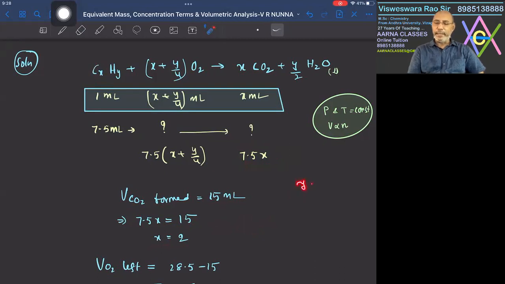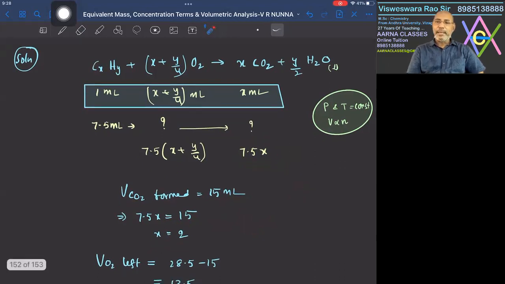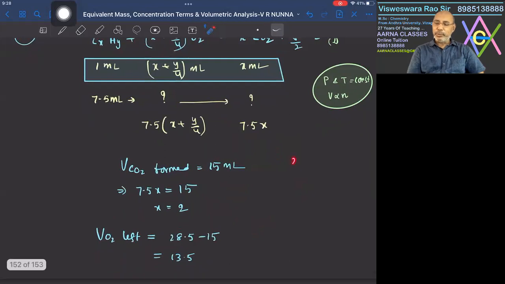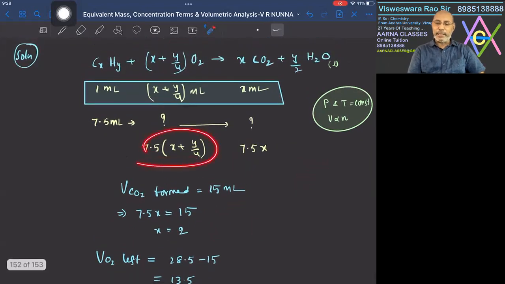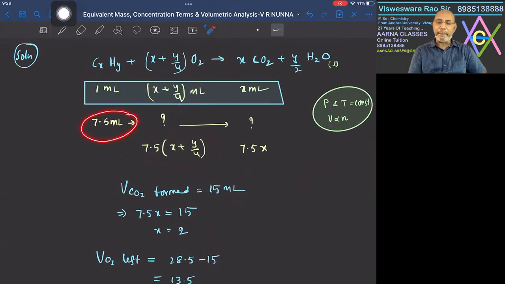Now I have to decide y. After the reaction, carbon dioxide formed and oxygen left; you took 36 ml of oxygen. Out of the 36 ml of oxygen, how much is consumed? Not all of it. 1 ml needs x plus y by 4 ml of oxygen for complete reaction, so 7.5 ml needs 7.5 into x plus y by 4 ml of oxygen.